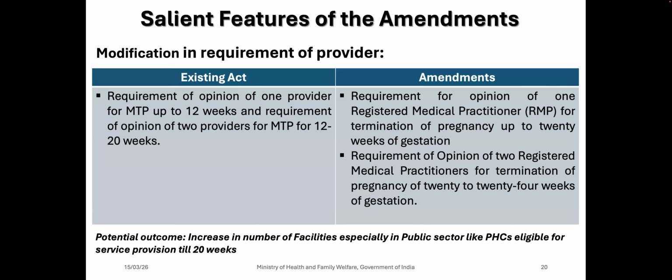So basically, the earlier MTP Act was limited up to 20 weeks and had one RMP for less than 12 and two RMPs for 12 to 20 weeks. But now, for all that was recommended in the earlier Act, one RMP is good enough. But if you want to go between 20 to 24 weeks, then you need 2 RMPs. And that was the reason for the footnote.